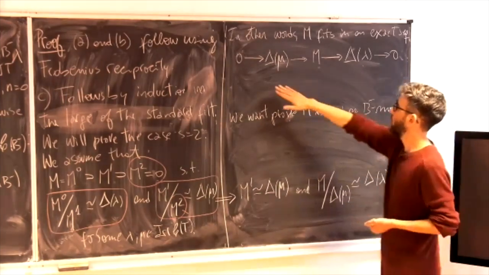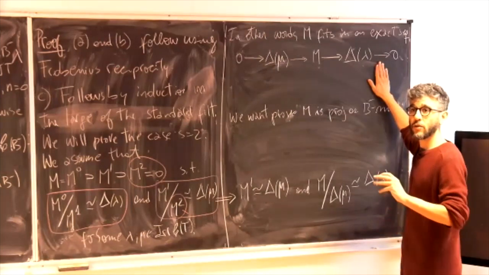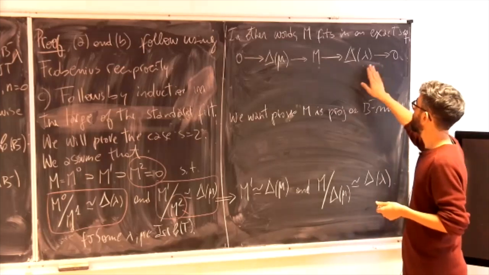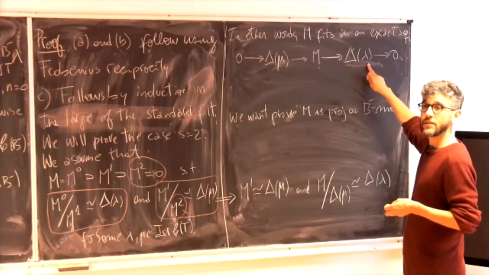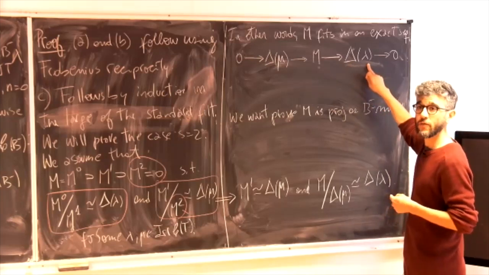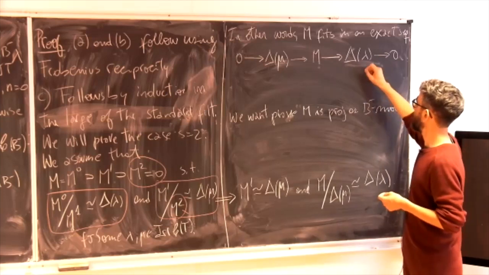So we can see this exact sequence just as an exact sequence of B-minus modules, as modules over B-minus, and in this case, this delta lambda is projective. This is the first part of the lemma.